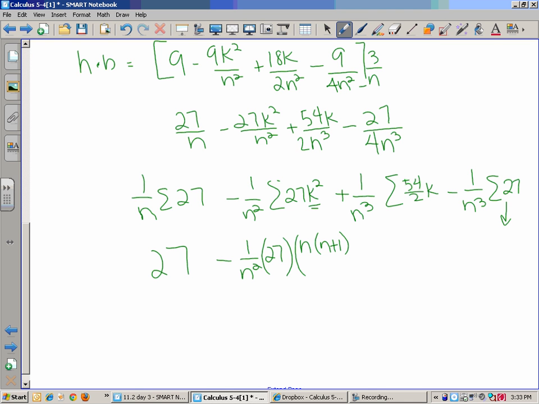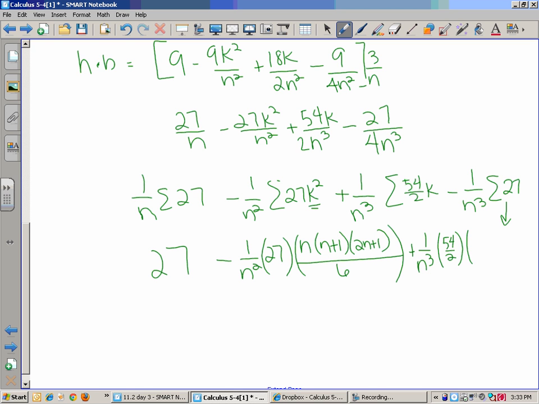And this formula, just so that we're all on the same page, let me point it out to you. This formula is on page 343. And then you have a 2n plus 1 all over a 6. Then you have a 1 over n cubed times 54 over 2.